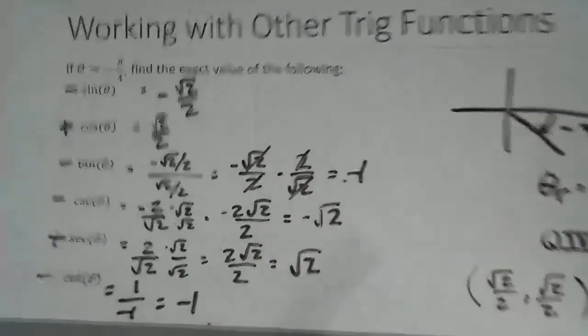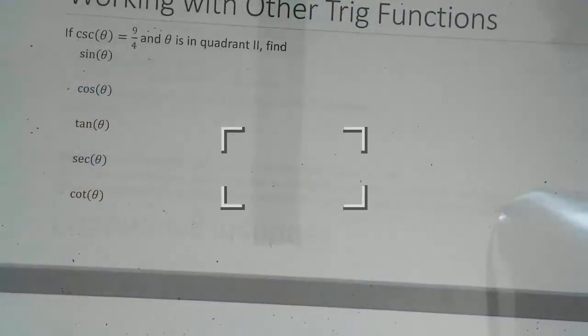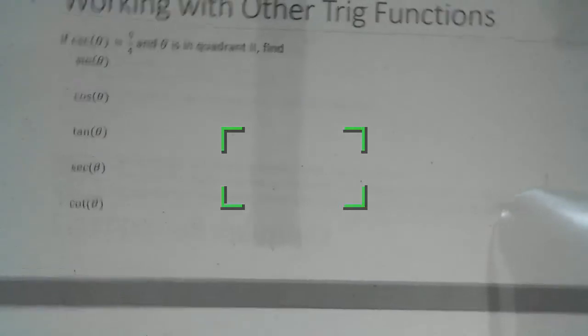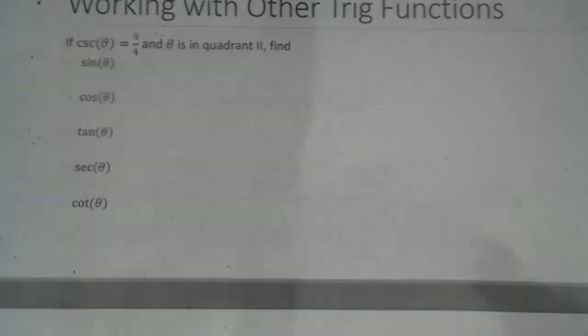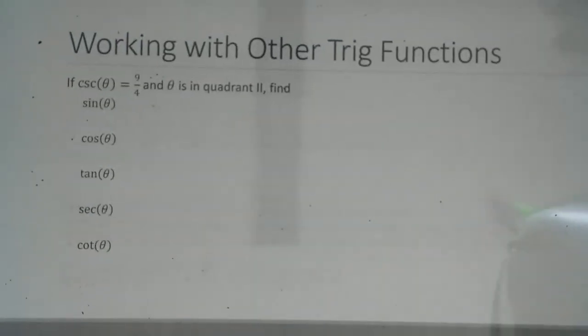We're going to keep working with these other trig functions. This time they tell us if cosecant of theta is equal to 9 over 4, and theta is in quadrant 2, we want to find the sine, the cosine, the tangent, the secant, and the cotangent.